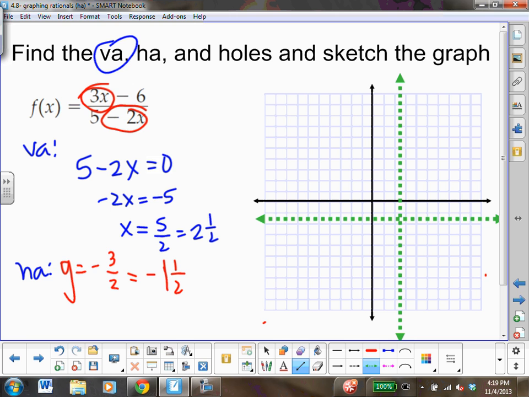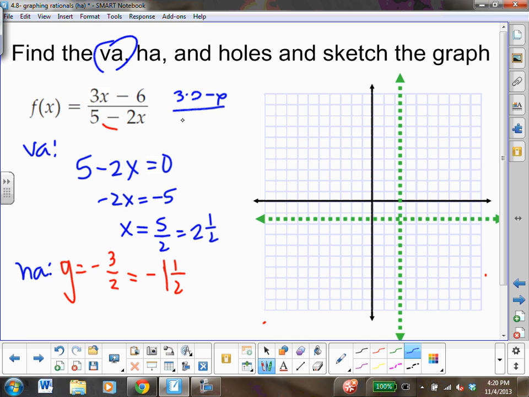So this creates the shape of my graph. It might also be in my best interest to go ahead and find the x and y intercepts. The y-intercept occurs where x equals 0, so I will plug in 0. 3 times 0 minus 6 over 5 minus 2 times 0. So I have -6 over 5.